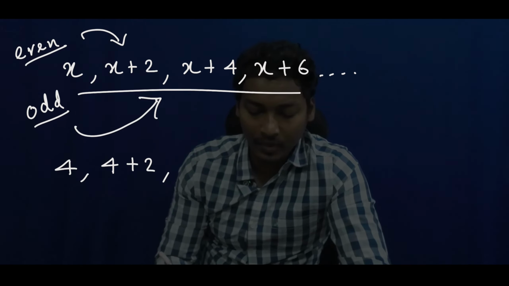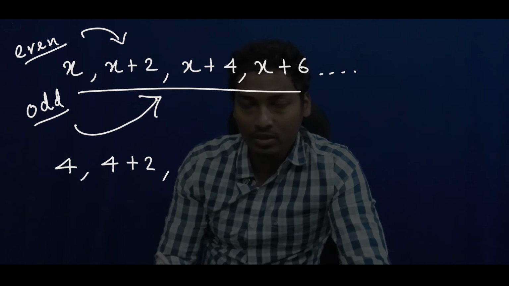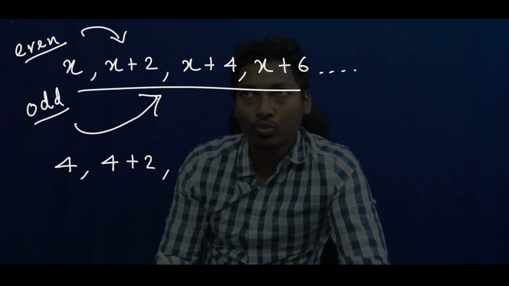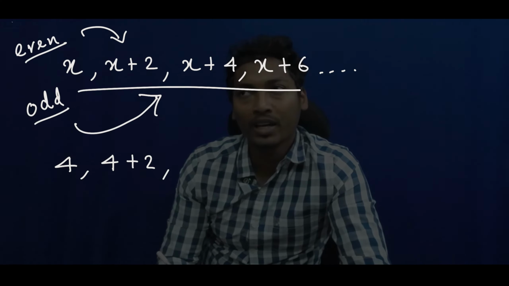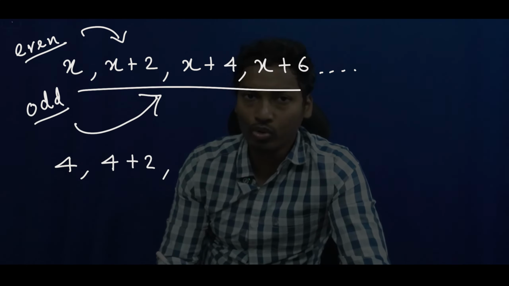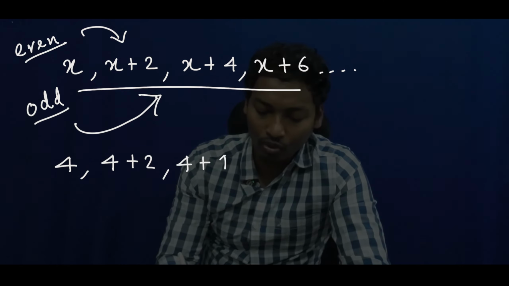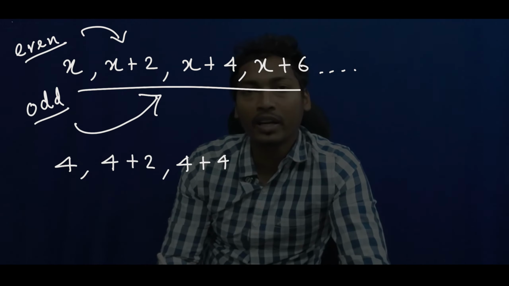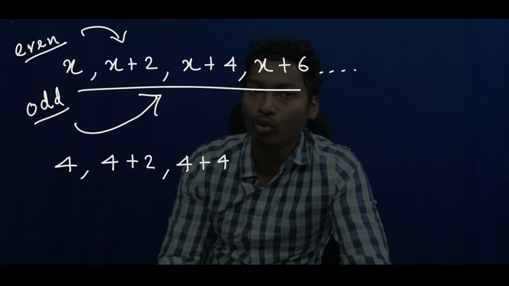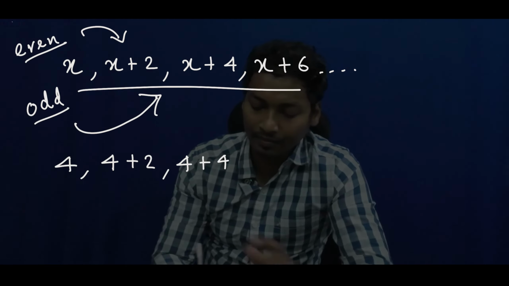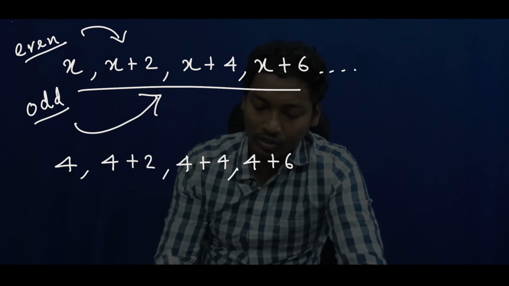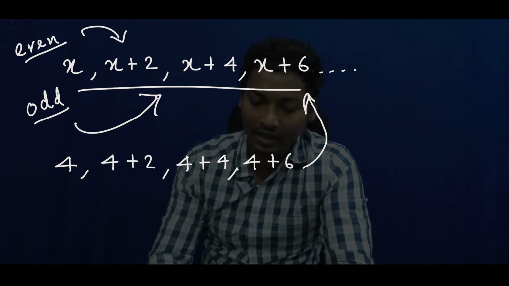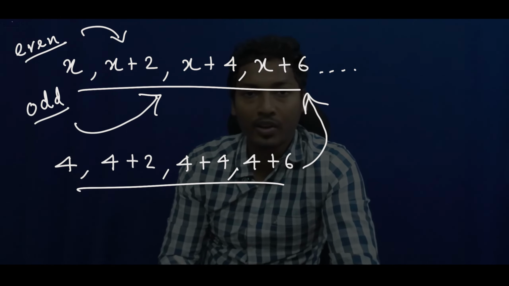After 6 we have 8 as the even number. To make it 8, we have to add 4 to 4. So 4 plus 4 will give you 8, and after 8 we have 10. So what can we add to 4 to make it 10? 4 plus 6.